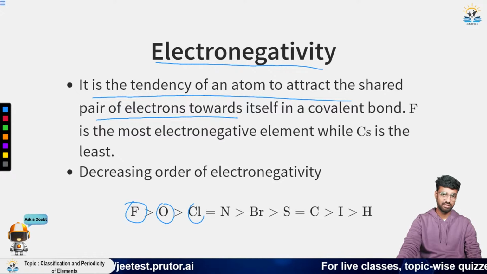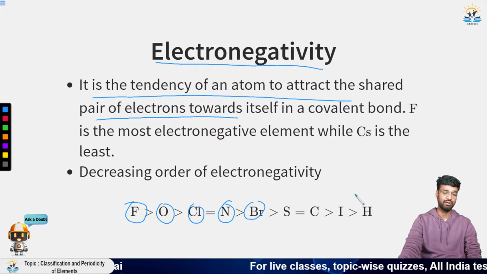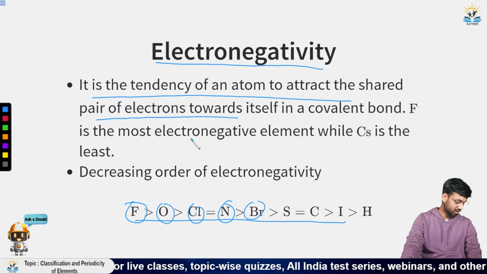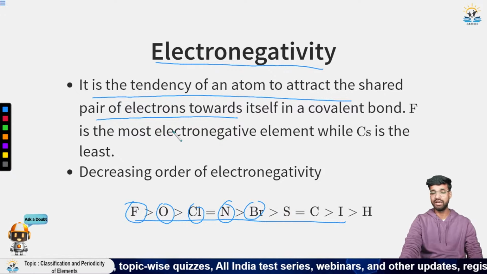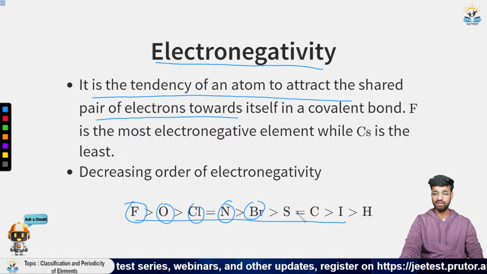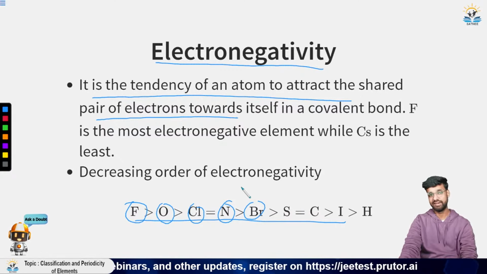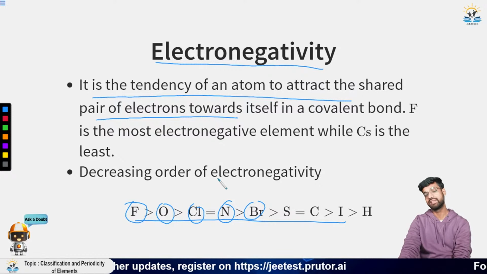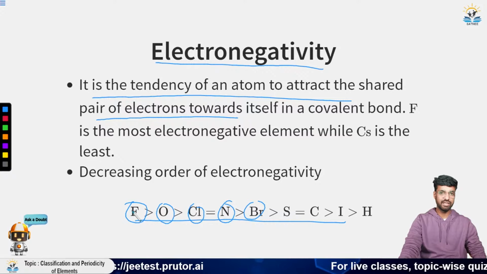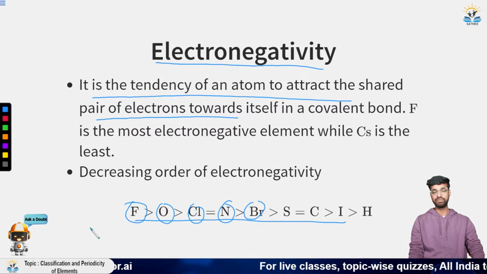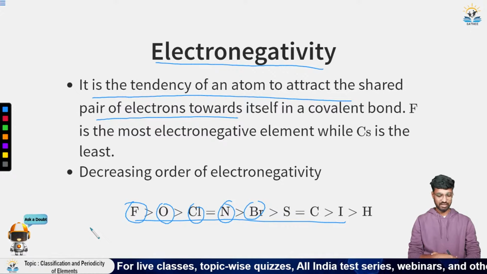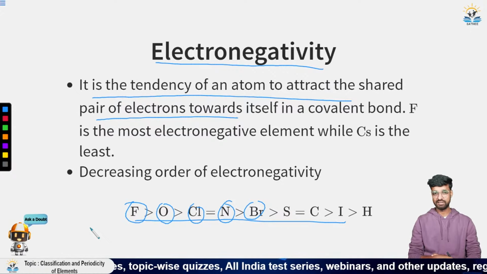Then we have oxygen, then chlorine, then nitrogen, bromine, and so on. These three are very important, you should keep this in mind. It not only helps in predicting electronegativity, it also helps to predict the dipole moment. If you know the electronegativity of these elements, and say we have H attached to all of these, then you can easily predict the dipole moment, because we know very well that dipole moment is the product of the charge and the distance.